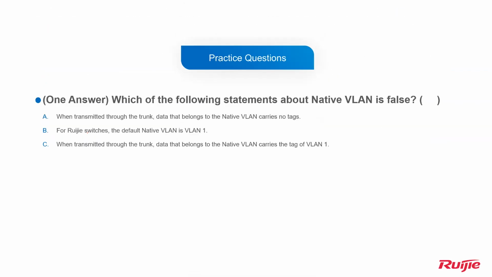Okay, and next question. Which of the following statements about the native VLAN is false? A, when transmitted through the trunk, data that belongs to the native VLAN carries no tags. Yes, it's true, because the packets belonging to the native VLAN mean the VLAN tag is the same as the native VLAN.